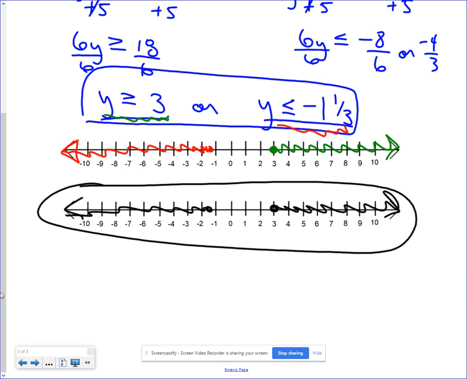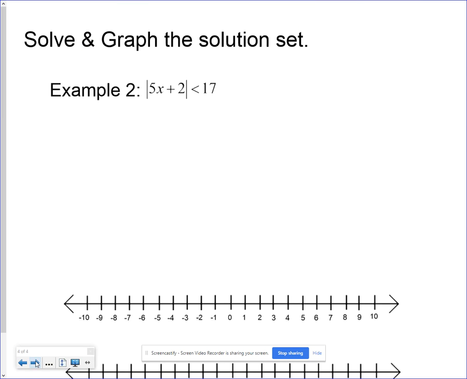All right, let's do one last example here. It says solve and graph the solution set. All right, so again, first step is always make sure your absolute value is by itself and it's on the left side. It is. So now I'm going to rewrite it as two inequalities.